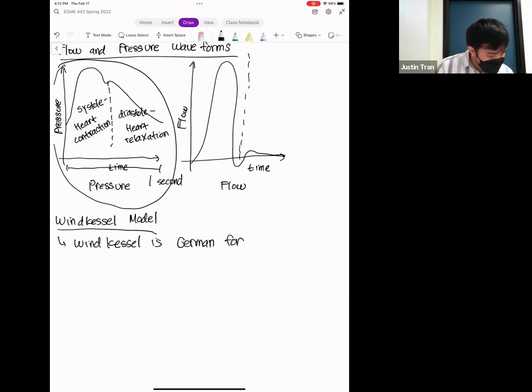And what it stands for is air chamber. And since it's German, I'm probably butchering the pronunciation, but that's okay. Literally everyone calls it Windkessel.